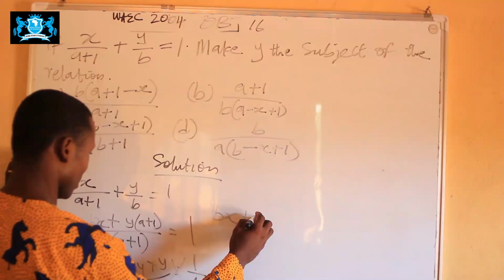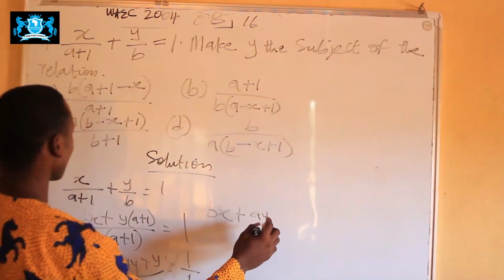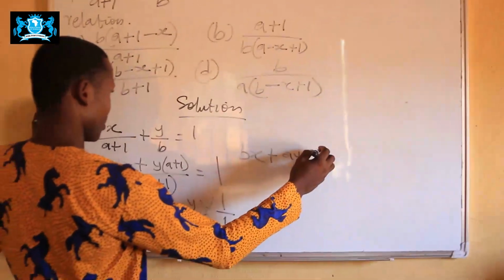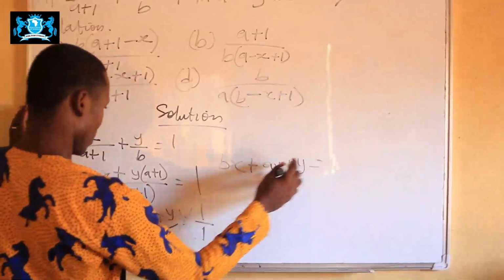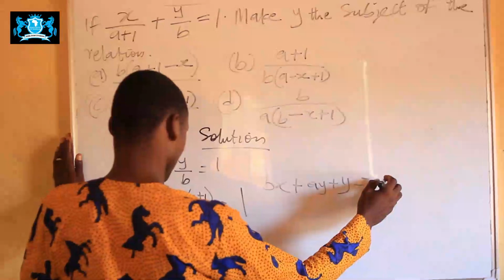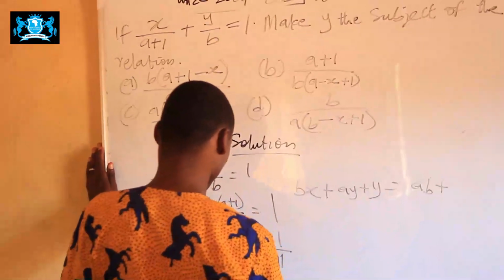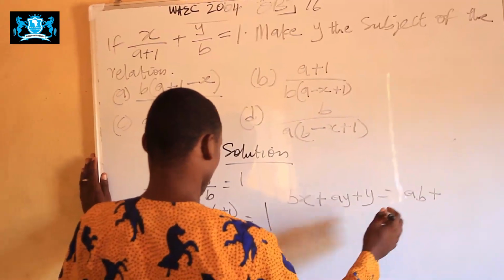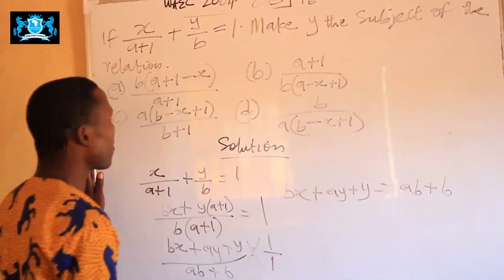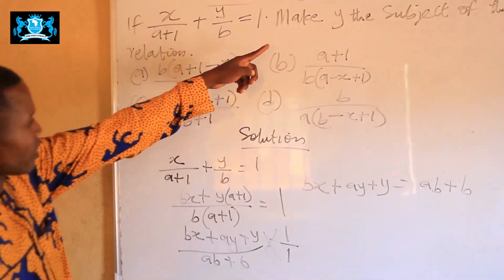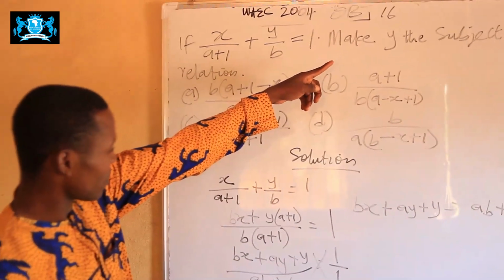bx plus ay plus y equals to this times this, which will give us ab plus b. What are we finding, the subject of the formula? Our goal is to make what?